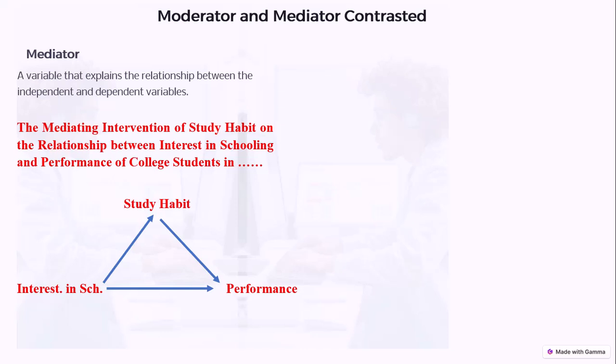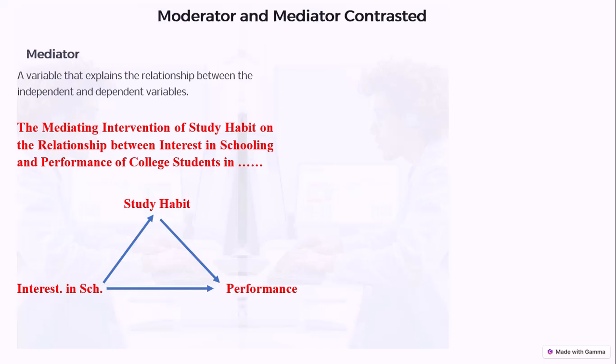So in explanation, we can say interest in school, A, and performance as C. So A causes C in the presence of B. It is only when a student has interest in school that his study habit may rise. Because he has read a lot, he has low anxiety, then his performance will rise.